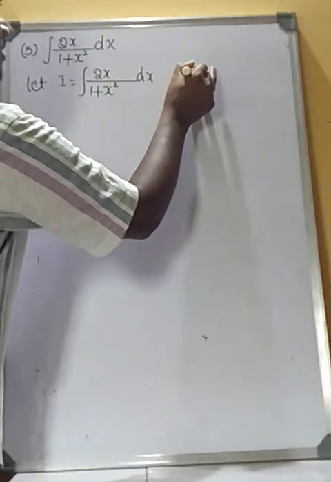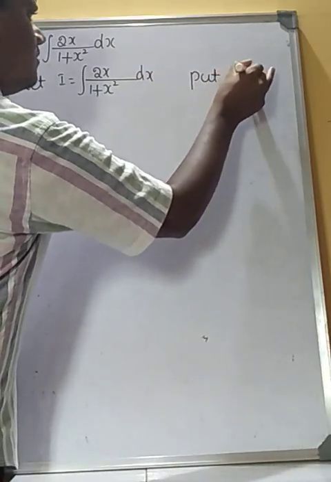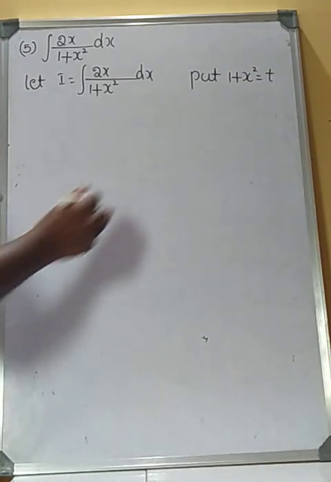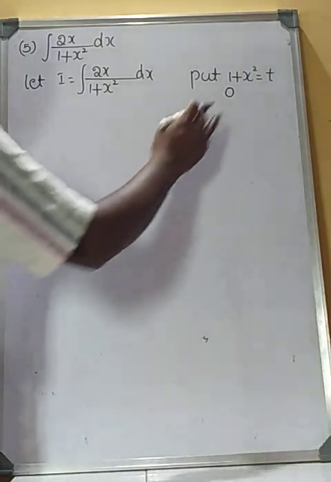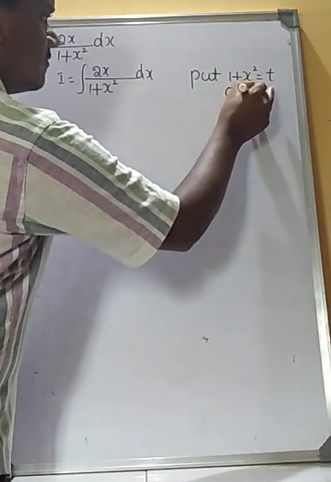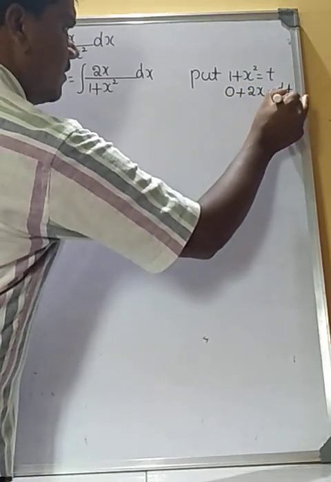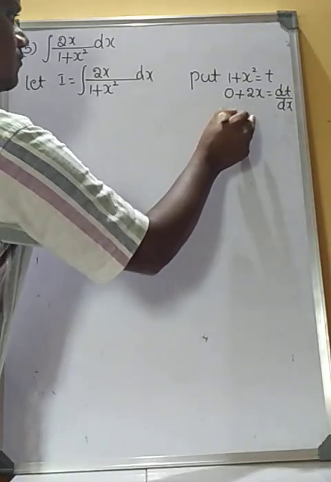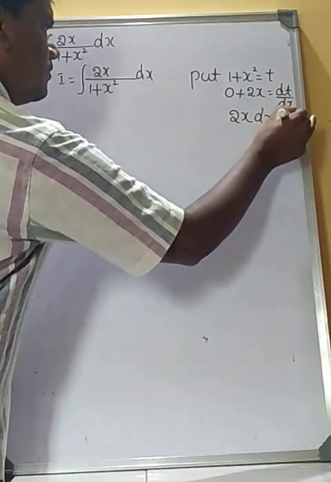In this function, put 1 + x² = t. Differentiate with respect to x: d/dx of 1 + x² is 2x, equals dt/dx. So therefore 2x dx = dt.